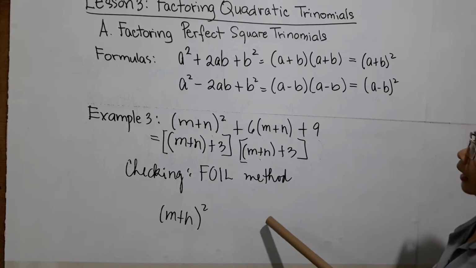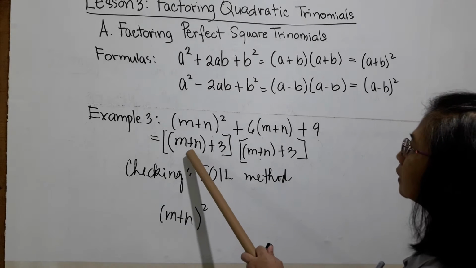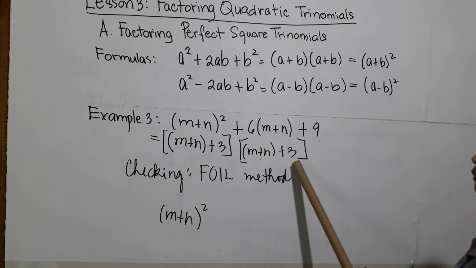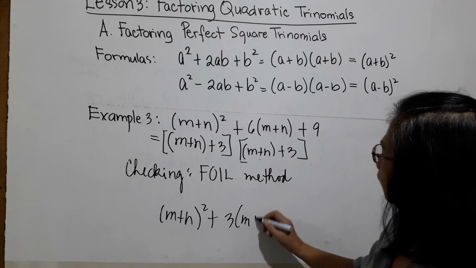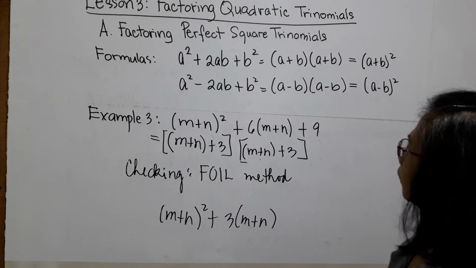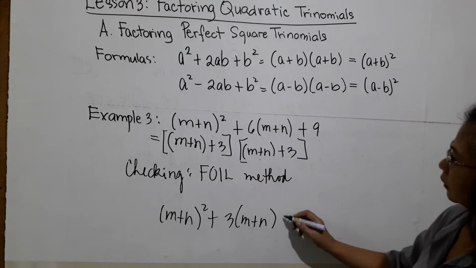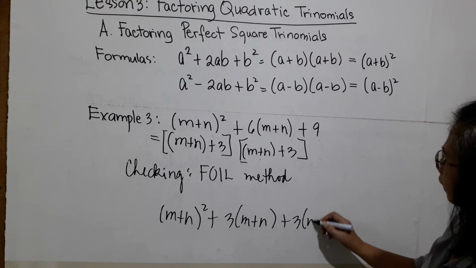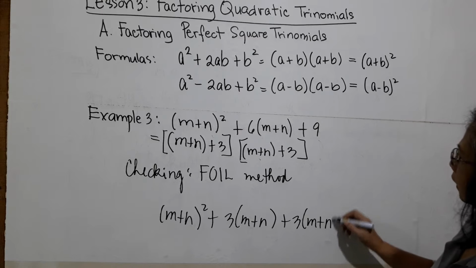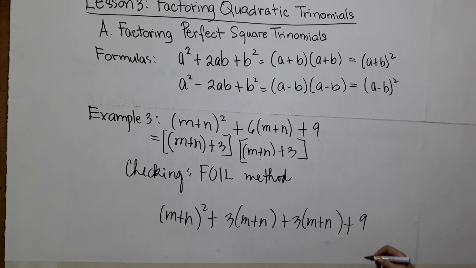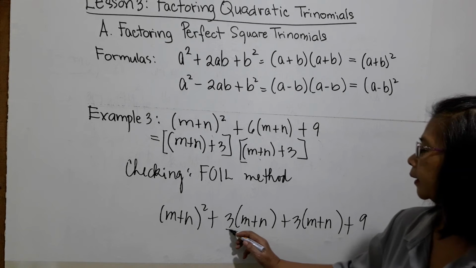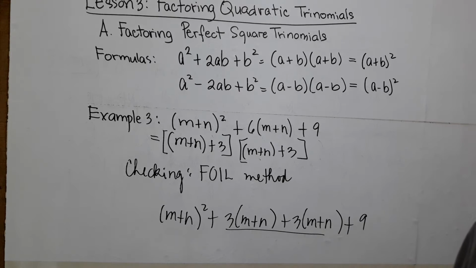We multiply the outside terms. So we have plus 3(m plus n). We multiply the inner terms, 3(m plus n). We multiply the last terms. We have 9. Then combine the like terms.